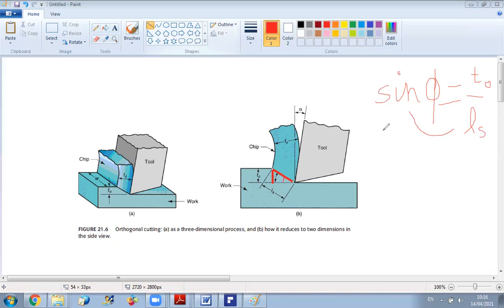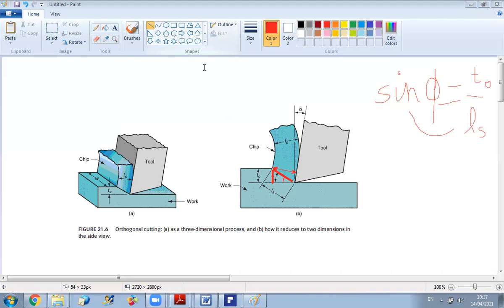Now, concerning Tc, as we said, it is the thickness of the chip after the cutting operation, and it is determined as the length perpendicular to the tool face, the rake face. So this is Tc.